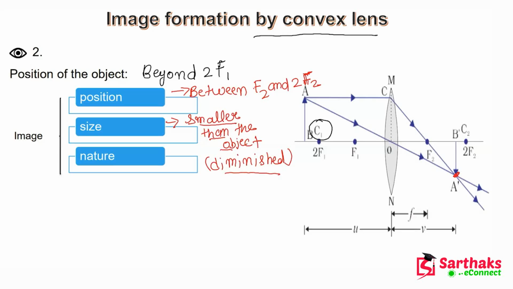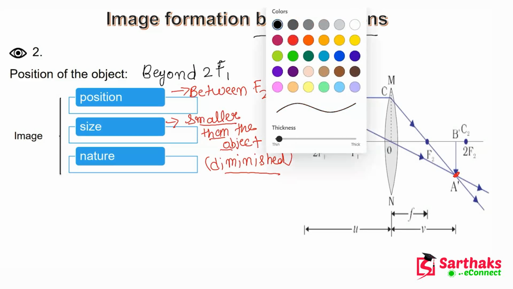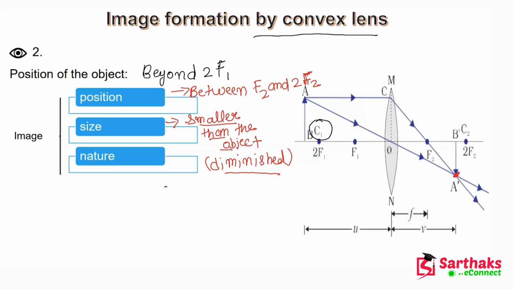Now, after understanding this, let's talk about the nature of the image. So, what is the nature of the image in this case? As you can see, the rays are actually meeting at this point. So that's why the type of the image, or the nature of the image, is real, and real images are always inverted.